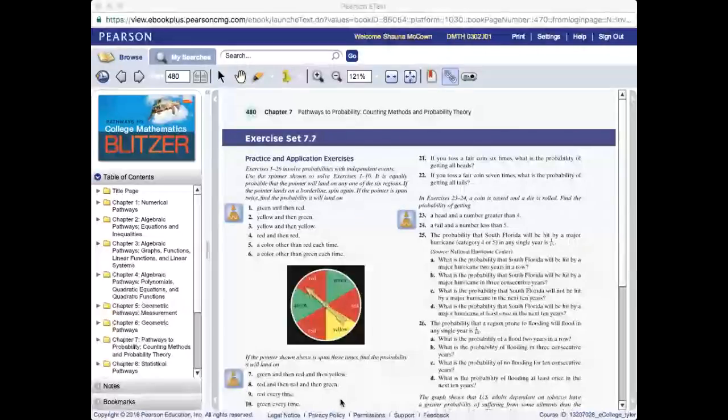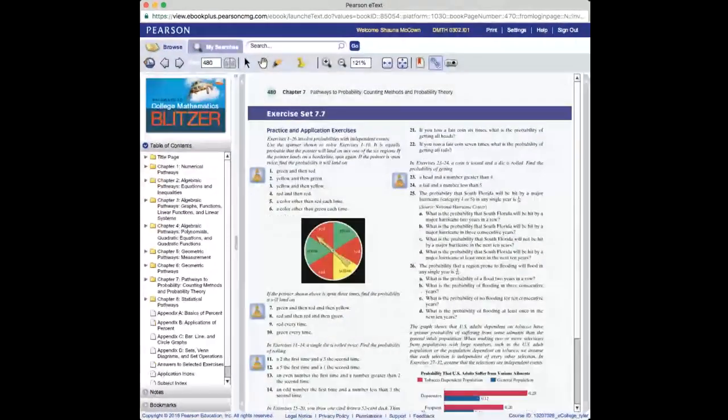Okay, so this is the textbook. Let's look at this problem right here. You see the spinner? We've got a red, a green, a red, a yellow, a red, and a green.